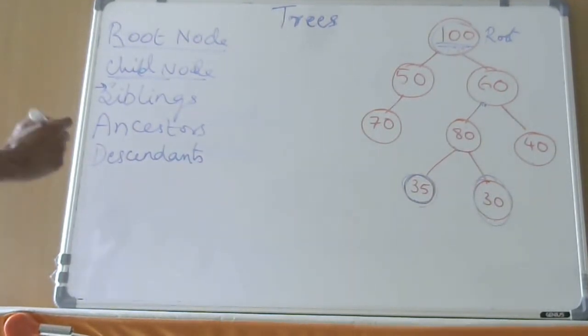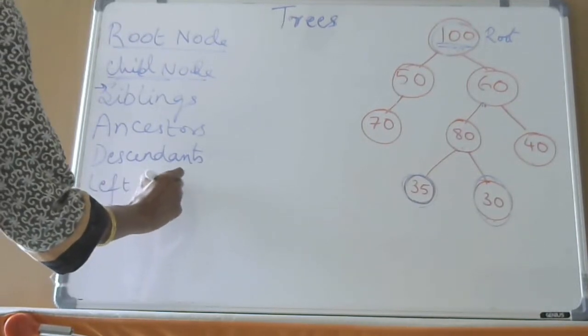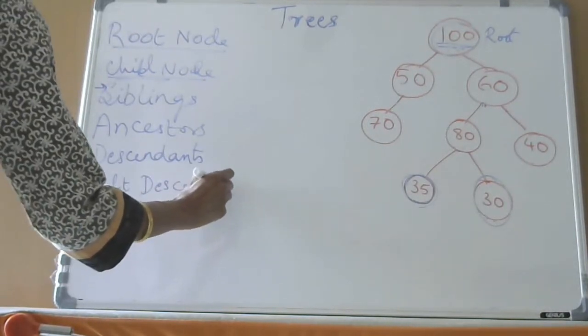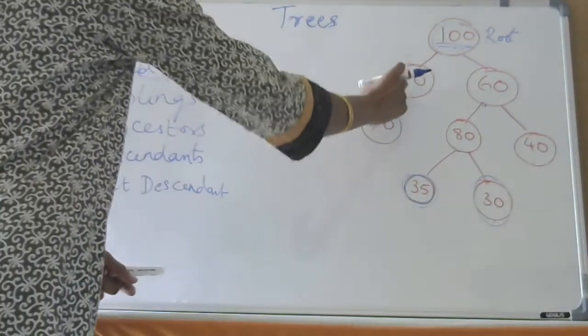Next, we will see what is meant by left descendant. Left descendant means the nodes that lie towards the left subtree of node X are called left descendants. Who are the left descendants of 100? 50 and 70.